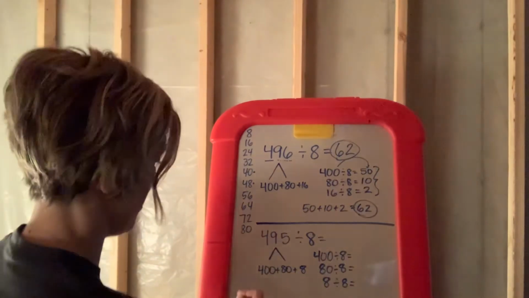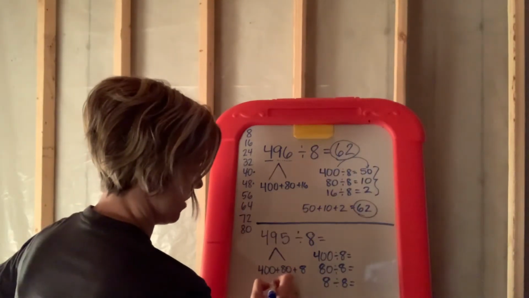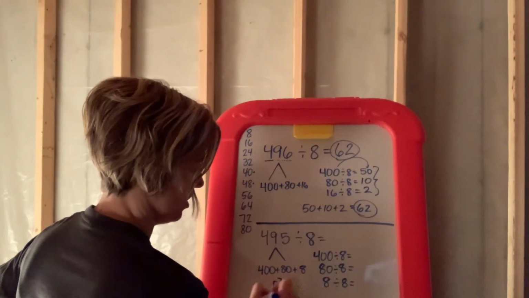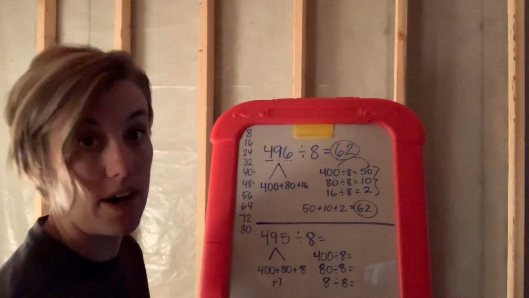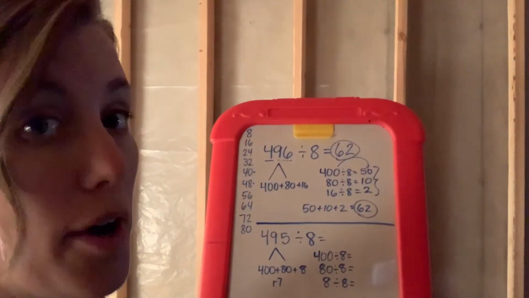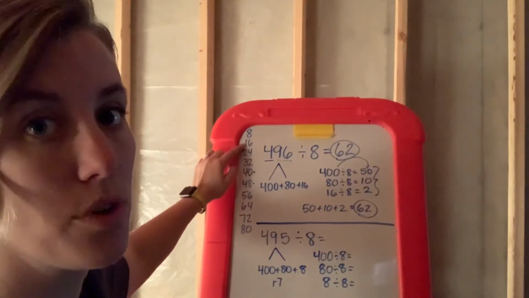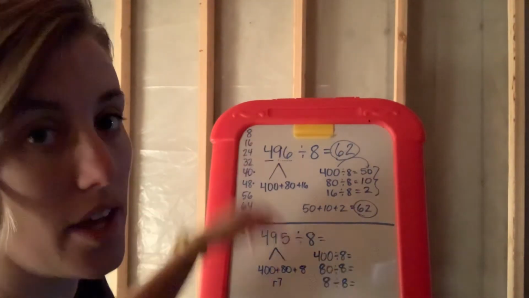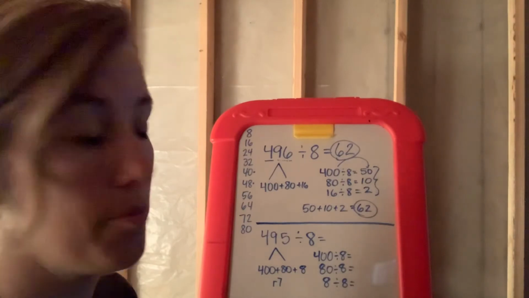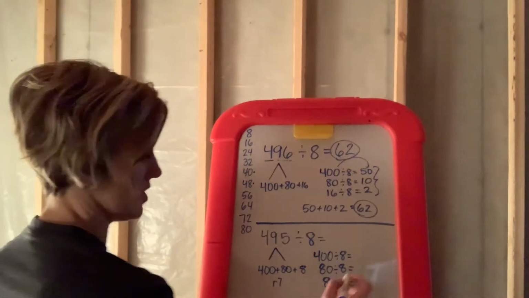I'm off by 7. So I'm just going to go ahead and write my remainder down here. I know my remainder is 7 because I couldn't hit that 16 because it would have gone over. And so I had to hit the 8. And so I know I'm off by 7. So my remainder is going to be 7.